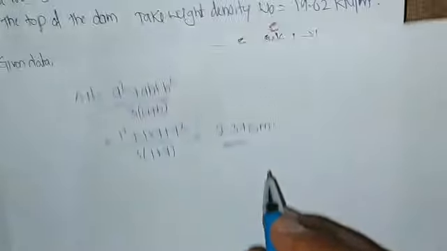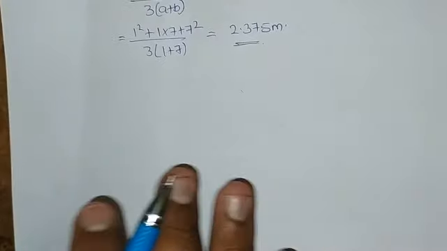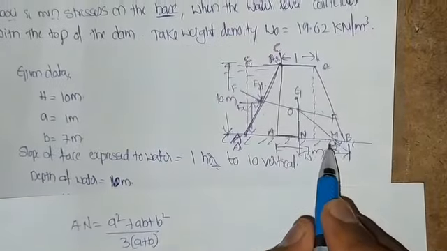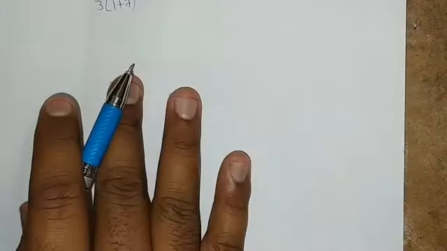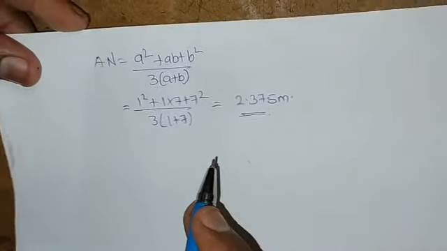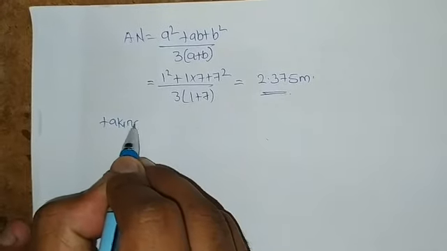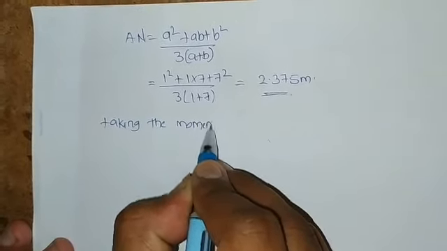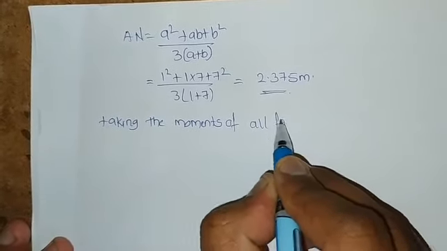Now we have to calculate the distance of N to M. To find out this value, what are we going to do? We are going to take the moments with respect to M. We are going to equate the total moments with respect to M to zero, taking the moments of all forces.